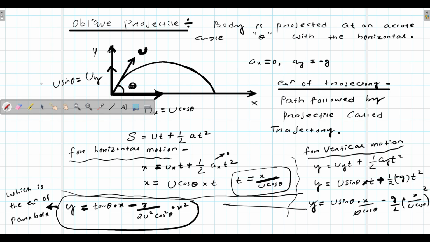Next point is time of flight. Time of flight says that it is the time taken by the projectile to cover the flight.